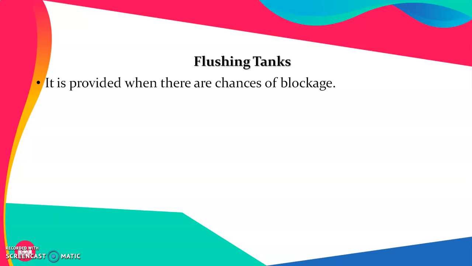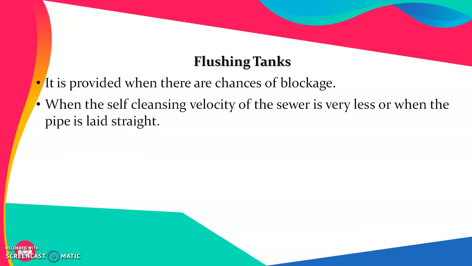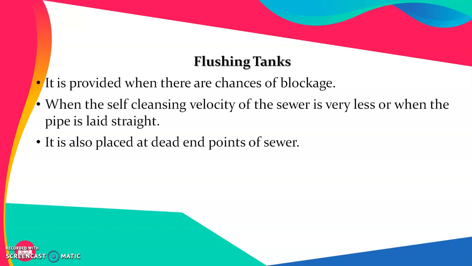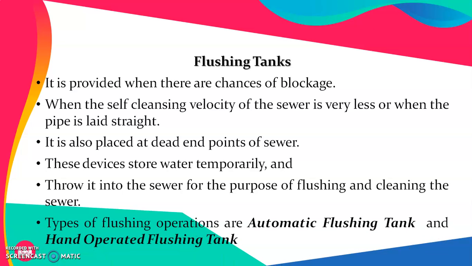Next are the flushing tanks. A flushing tank is provided when there is a chance of blockage of a sewer, when the self-cleansing velocity of the sewer is very low, or when the pipe is laid straight. It is also placed at the dead end points of a sewer, which helps flushing efficiently. These devices store water temporarily and throw it into the sewer for the purpose of flushing and cleaning the sewer.